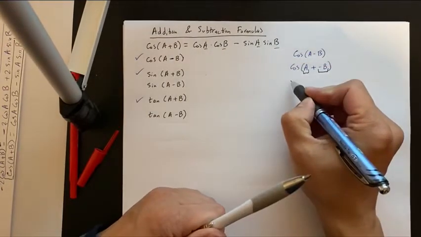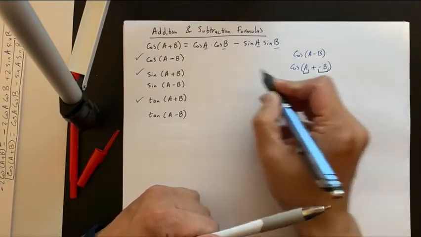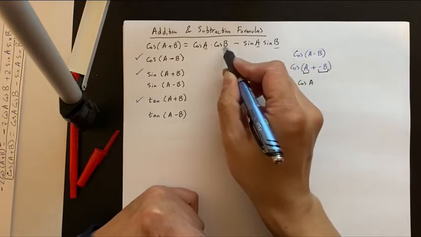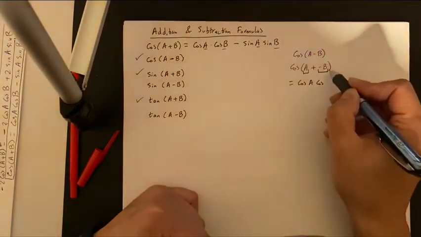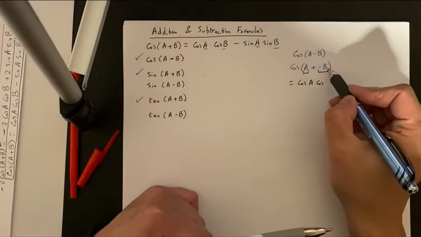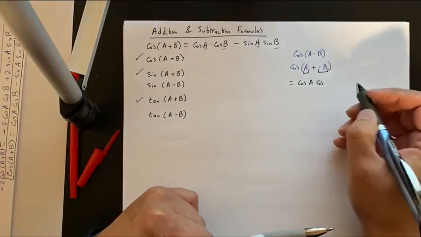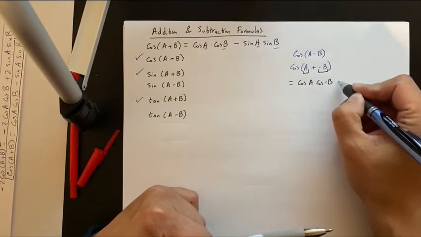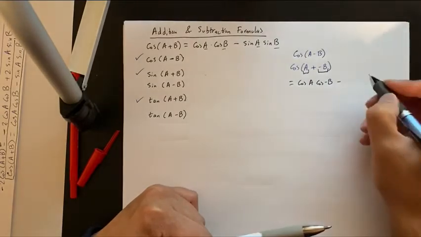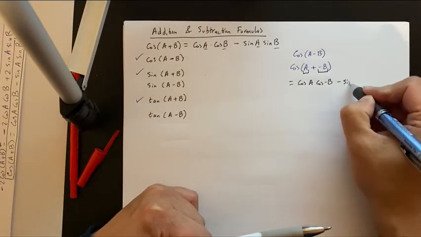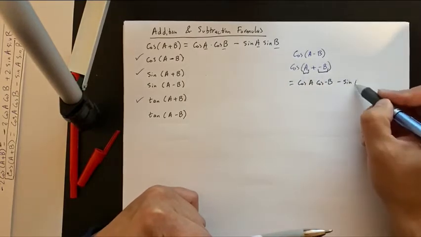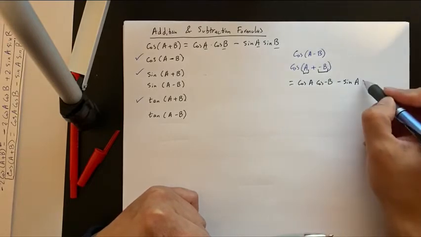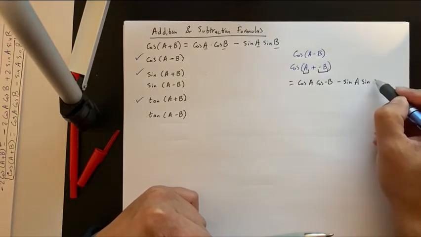Okay, so it will be cosine of A is A, and then cosine of B, but it's not going to be this B, it's going to be a negative of this B. Minus sine A is A, and sine of B, well, our B is the negative B, so it'll be sine of negative B.